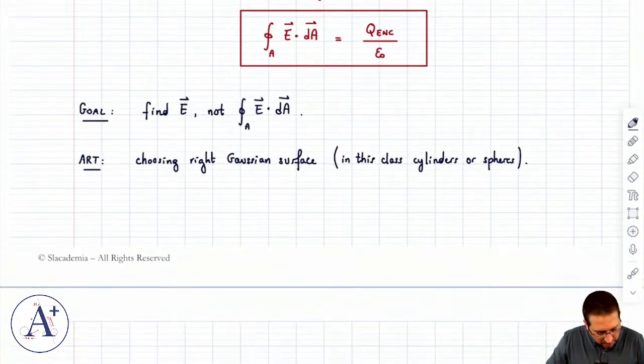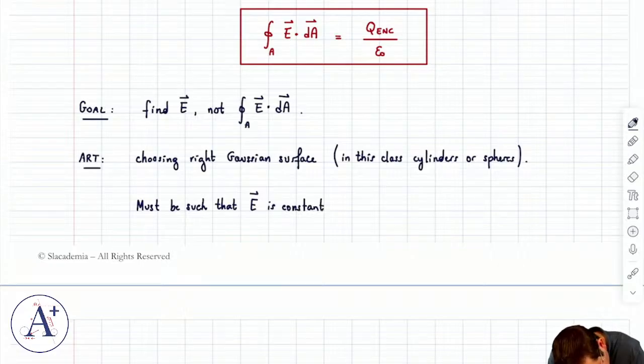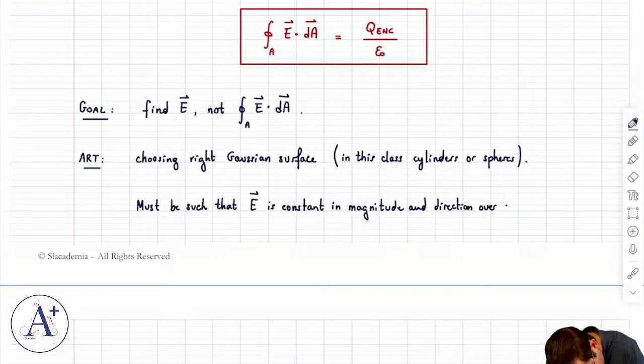And within choosing the right Gaussian surface, it must be such that E is constant in magnitude and direction over the surface.